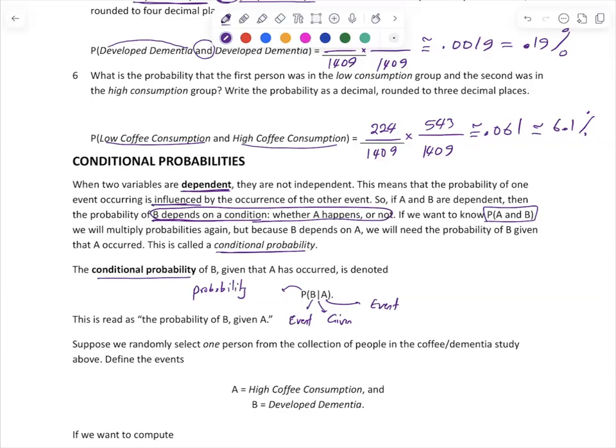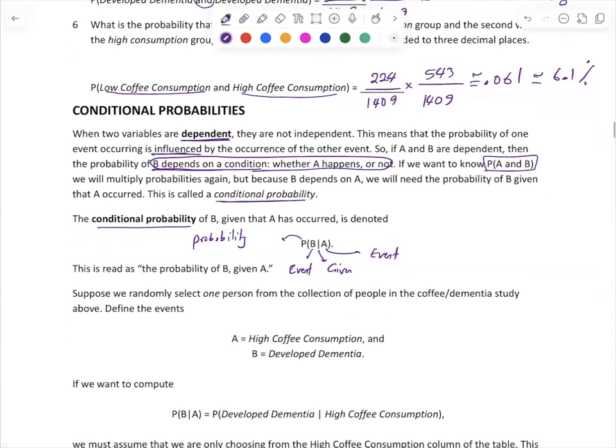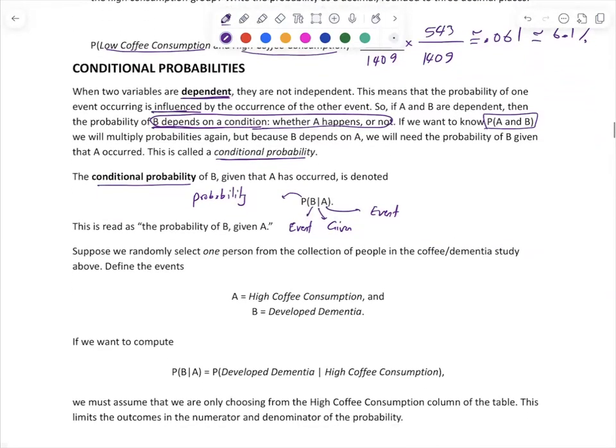Suppose we randomly select 1% from the collection of people in the coffee dementia study. We're going to define the following events. The first event is high coffee consumption. The second event is developing dementia. We want to know what is the probability that a person develops dementia given that they consumed coffee heavily.